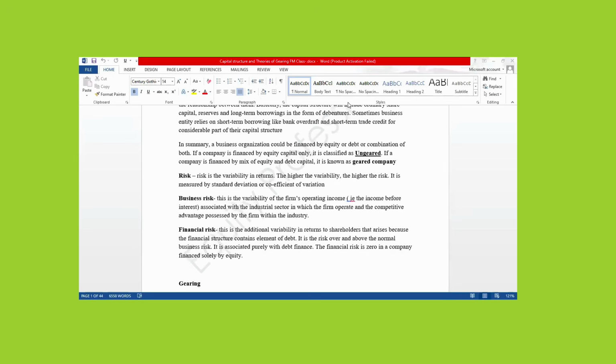Financial risk will only arise if a company borrows money. Note, where a company is financed by equity capital only, the financial risk will be zero. All right.